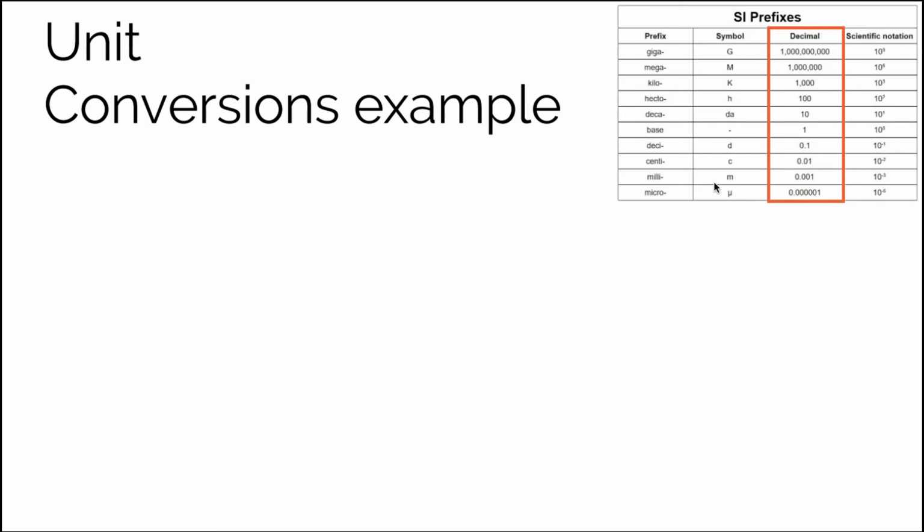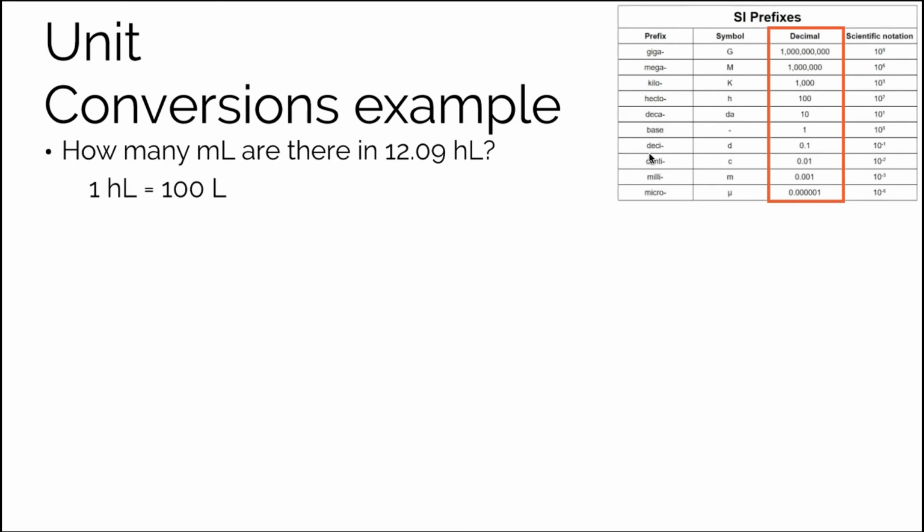All right, so let's go ahead and do an example and see what that would look like. So we have a problem here. We want to know how many milliliters there are in 12.09 hectoliters. So for this, you would need the conversion factor of 1 hectoliter. So here we have hecto, symbol H, we know represents 100 of the base, in this case 100 liters.